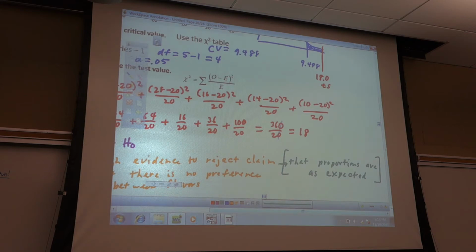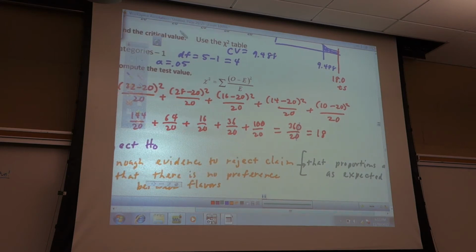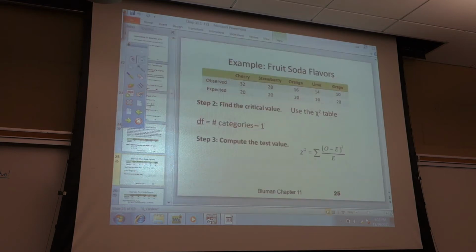Give folks a minute to kind of sort that out. So the claim that we're making is that there's no preference. So then the observed values should be the same as the expected values, so it takes none.